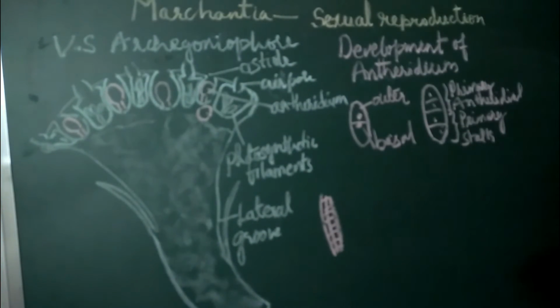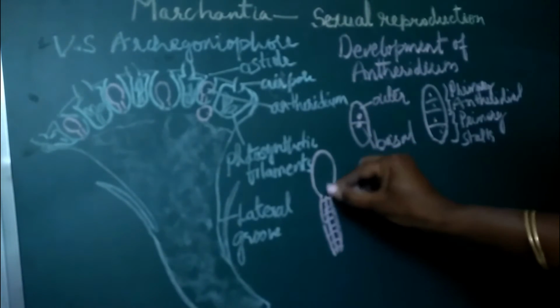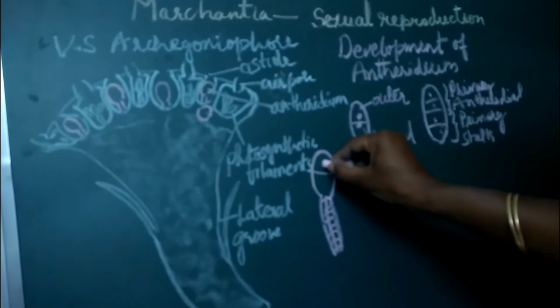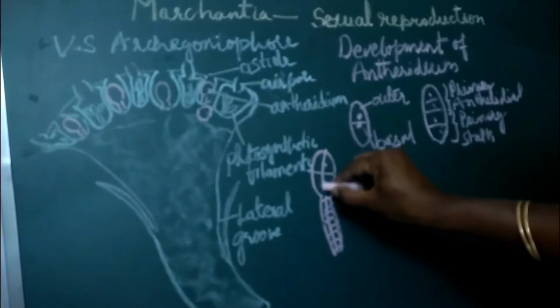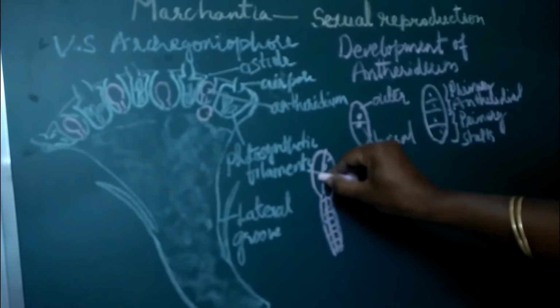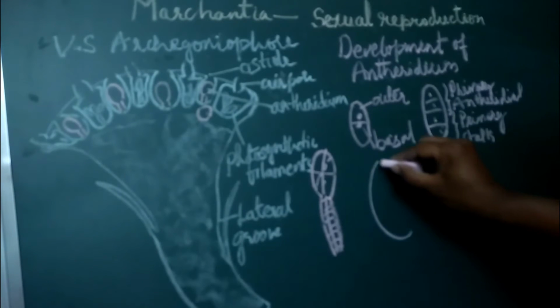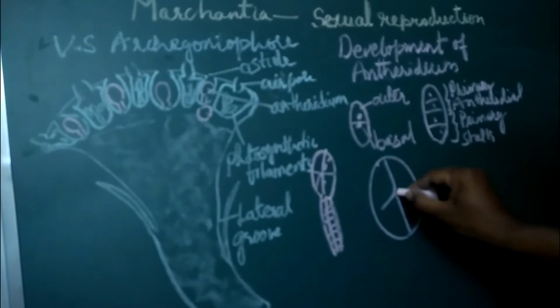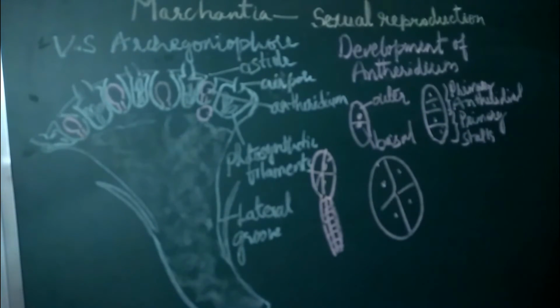Whereas the primary antheridial cells divide two times at right angles to one another, resulting in the formation of 8 cells. One, two, three, four, and 4 on the other side.